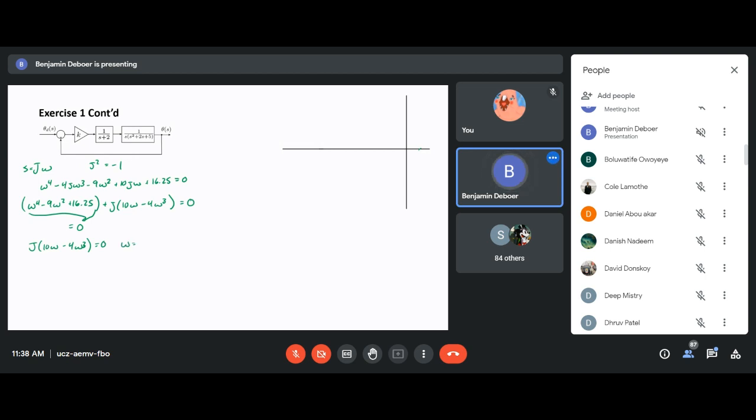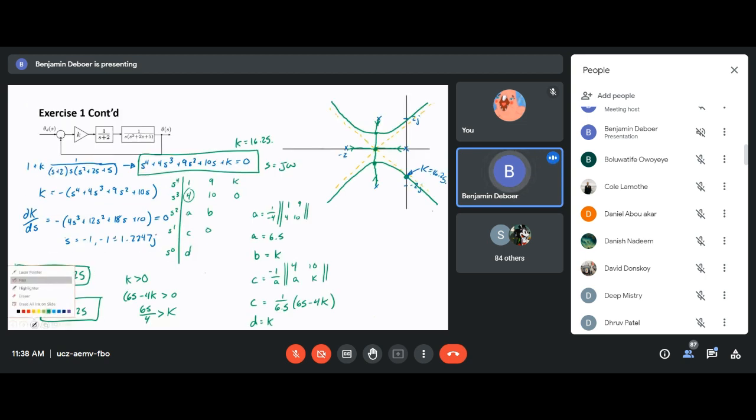So at this instance, omega is equal to 0, or omega is equal to, in this case, the square root of negative 10 over negative 4, which is equal to plus or minus 1.5811j.